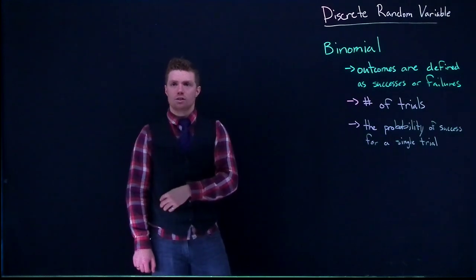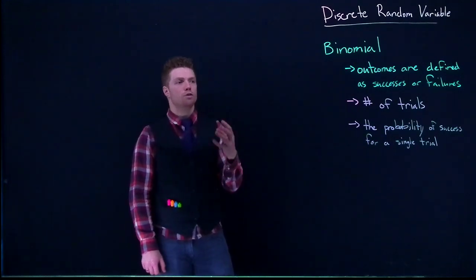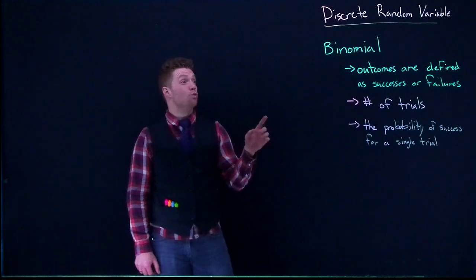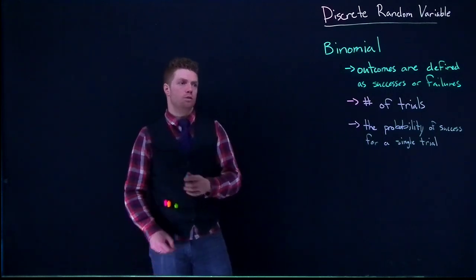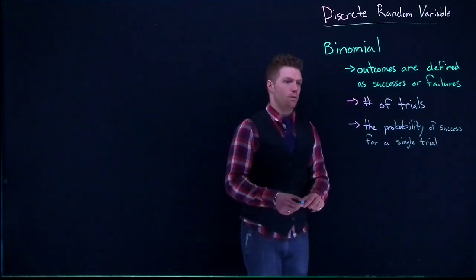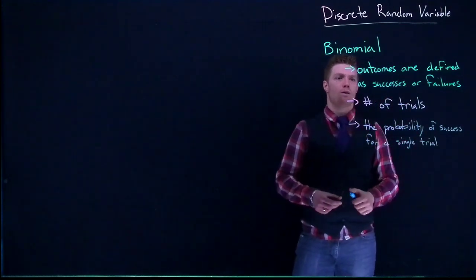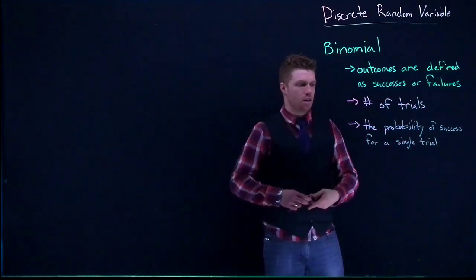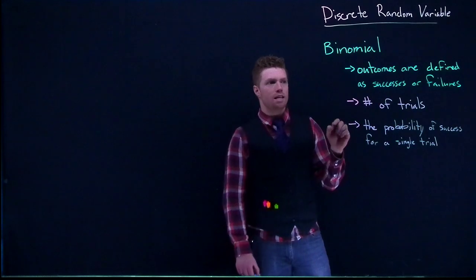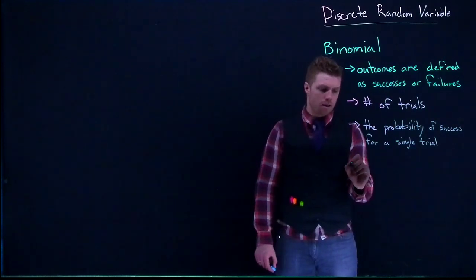Now, connected to this is that we also need to have a few rules with our binomial distribution. One of the rules that we need, just like our outcomes being defined as successes and failures, is that we need the trials to be independent from one another.